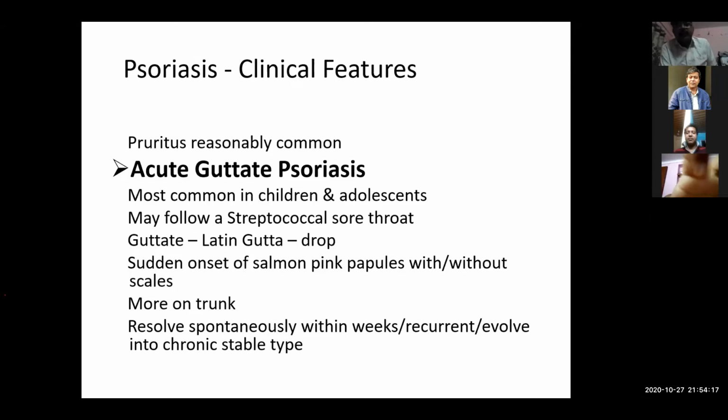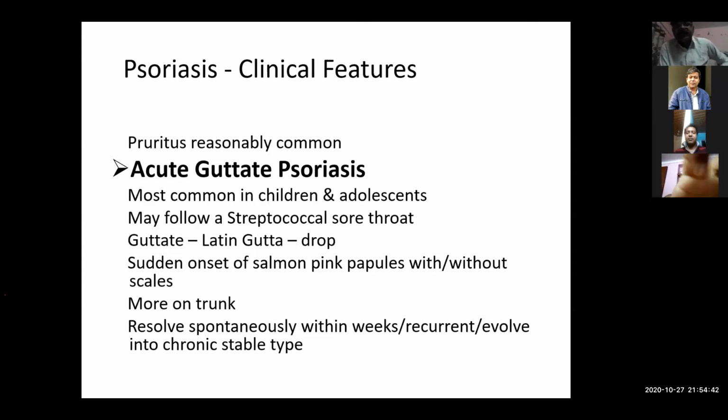Now to acute guttate psoriasis. This is most commonly seen in children and adolescents. As I have mentioned, it may follow a streptococcal sore throat. In Latin, gutta means drop, that is, raindrop-like lesions on the trunk, front or back. What will you see? Sudden onset, acute as mentioned, with salmon pink papules. Again, this is a Westerner skin description.